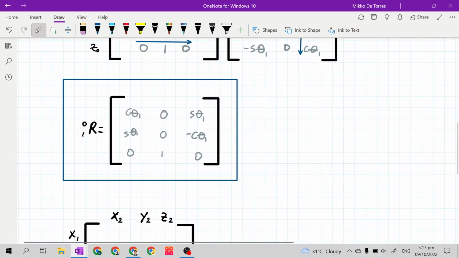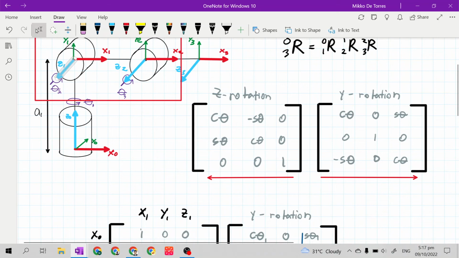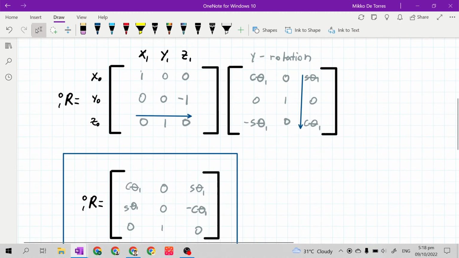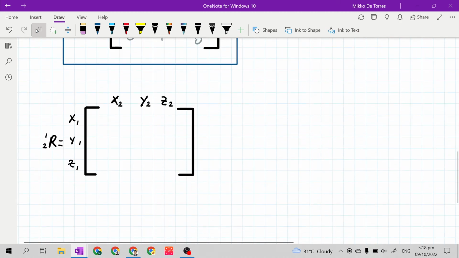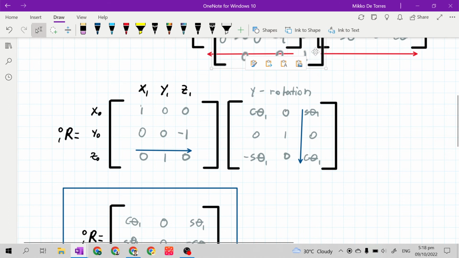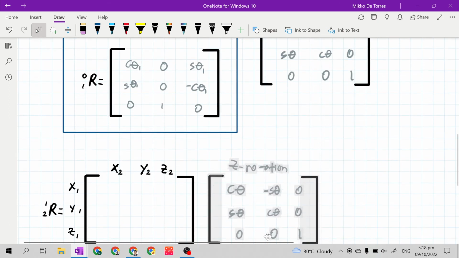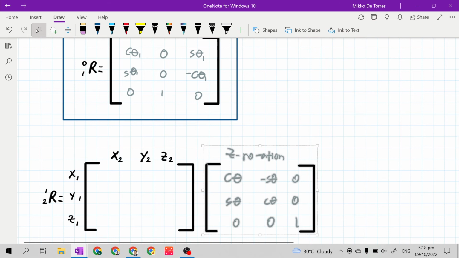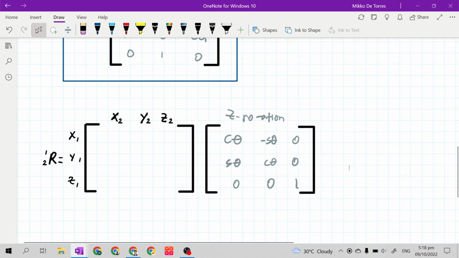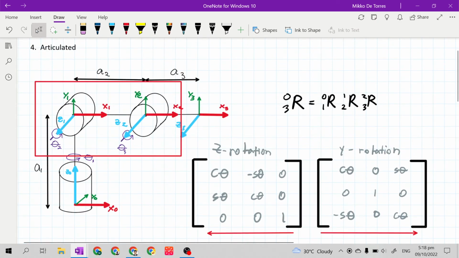So we will use z rotation as the moving rotation matrix. For our stationary matrix, as you can see, class, the frame 1 axes have the same directions as the frame 2 axes.